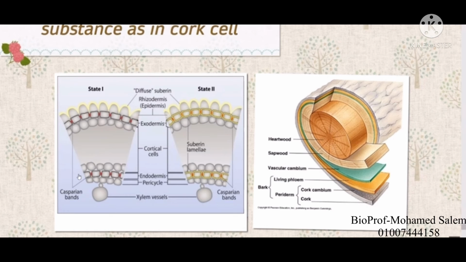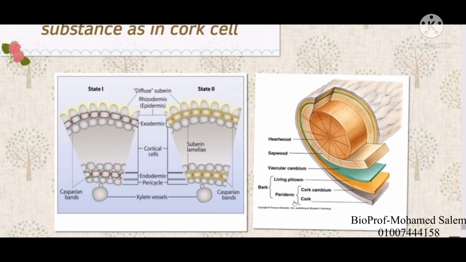The cork layer has suberin, and this suberin is impermeable for water and supports the outer shell of the plant. Like this is the cork layer, the outer layer here.